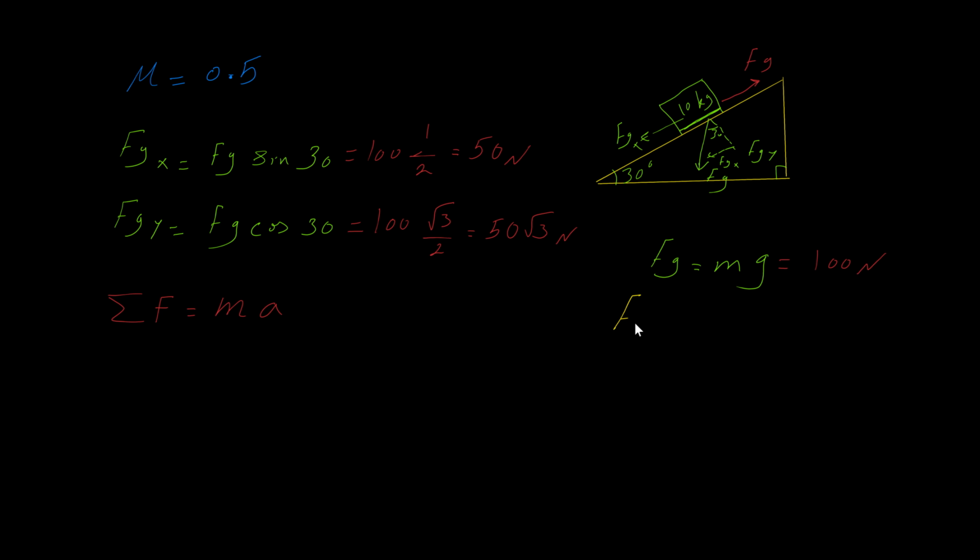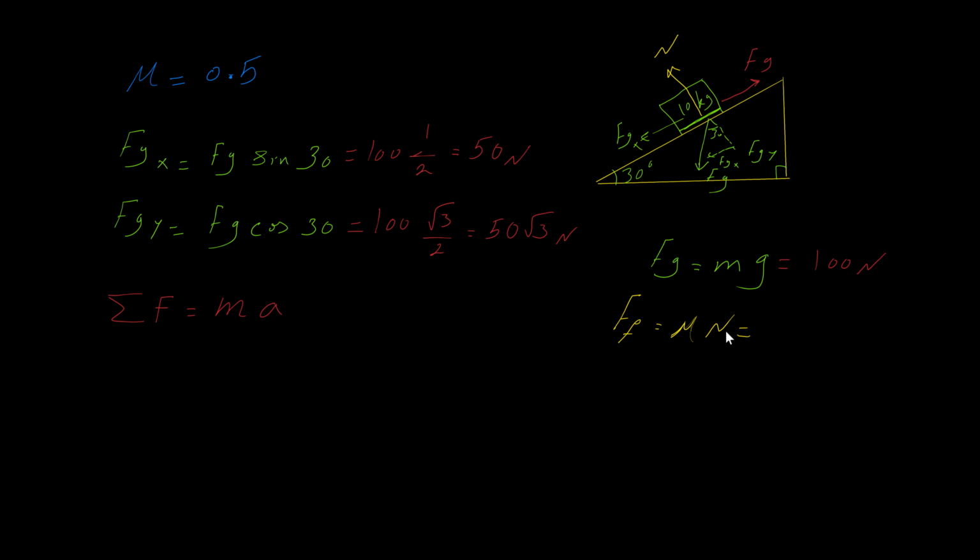So Ff, the force of friction, is equal to mu times N, the normal force. Now we are given mu, we need to find the normal force. The normal force is perpendicular to the surface where the object is sitting, and that one is equal to the opposing force, which is Fgy.